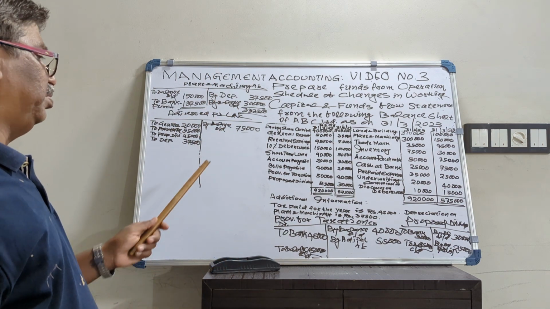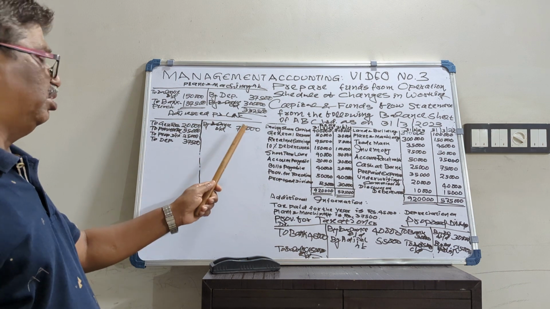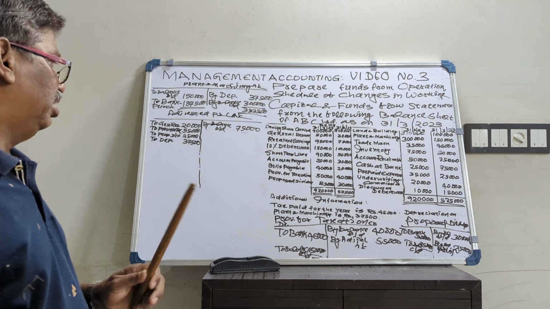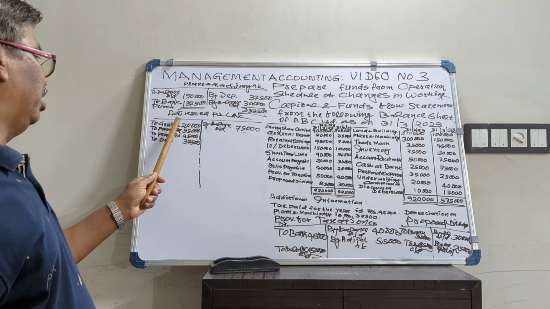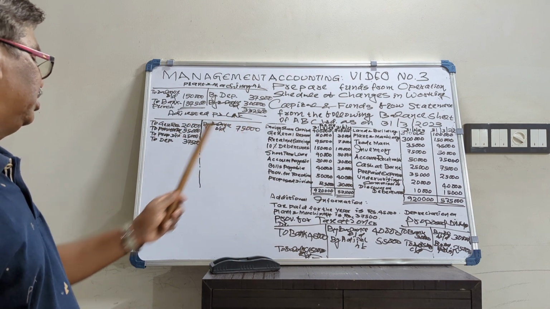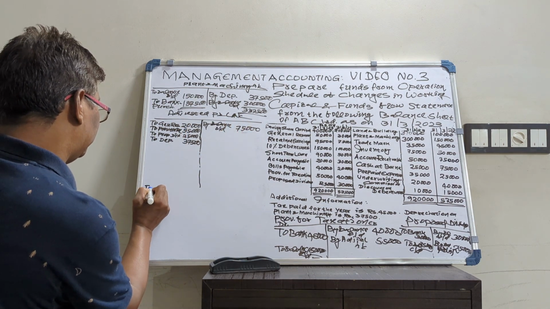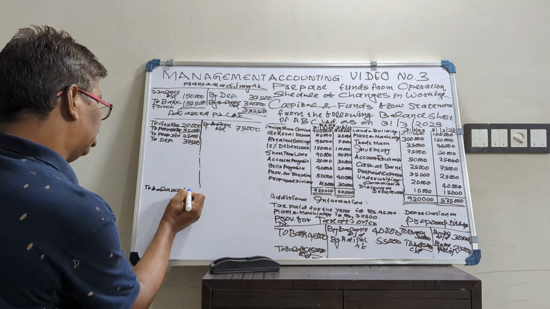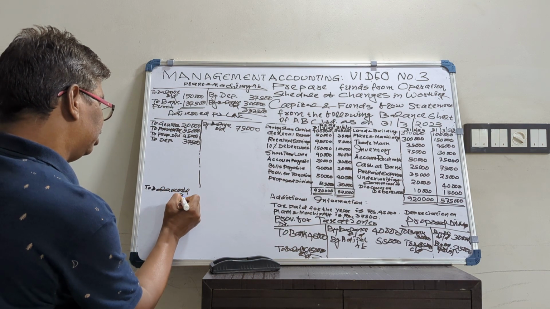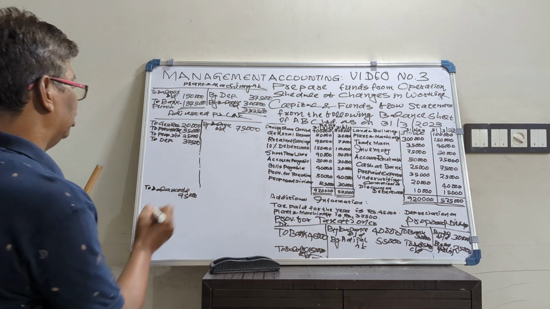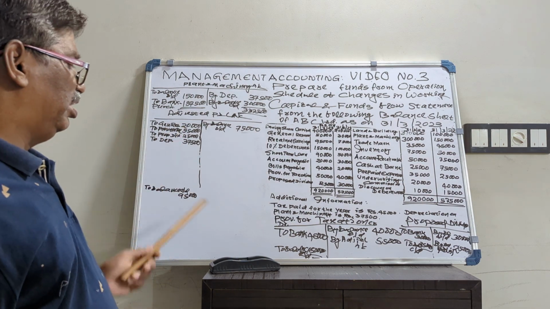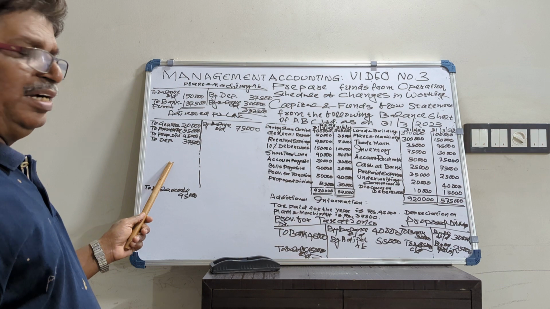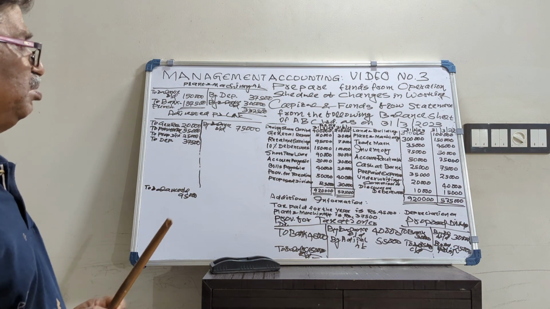We got the net profit, that is 95,000 minus 75,000, 20,000. We can write here to net profit 20,000, or opening we write 75,000, closing we write to balance carried down, that is 95,000, that we can write. Then all the non-operating expenses will be added, non-operating income will be subtracted.